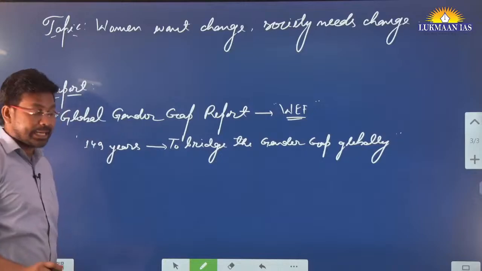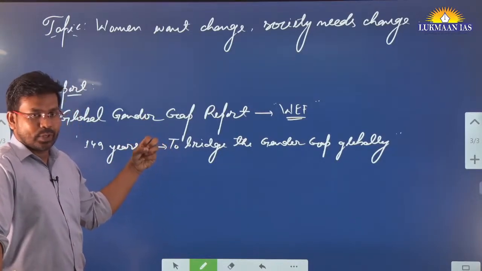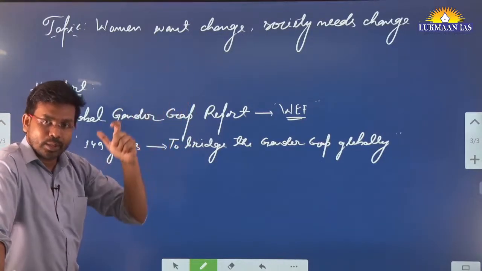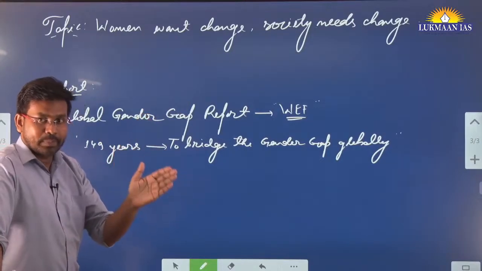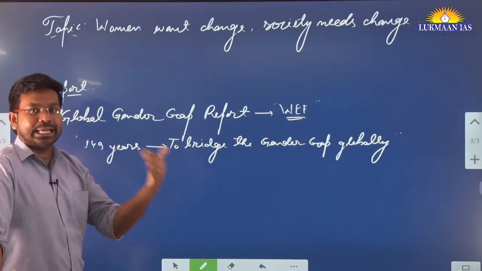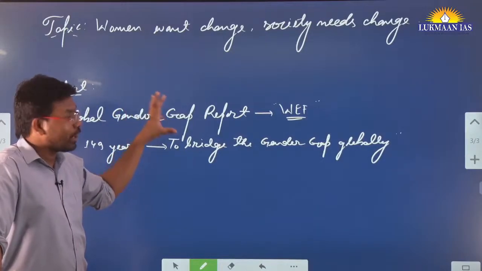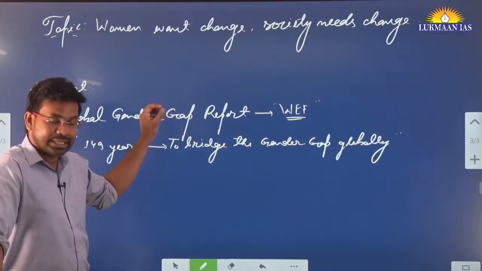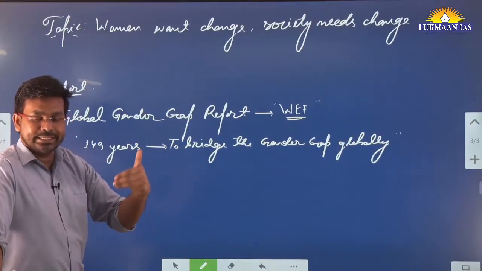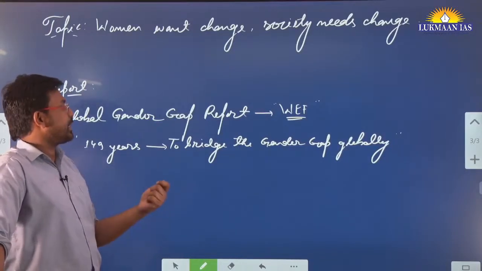So what do we mean by gender gap? Gender gap means the difference in parity between men and women. For example, in the workplace, how many men are there as compared to women? Generally, women are fewer in the workplace. Similarly, in political institutions like the Parliament of India or state legislative assemblies, we have a lesser proportion of women as compared to men.